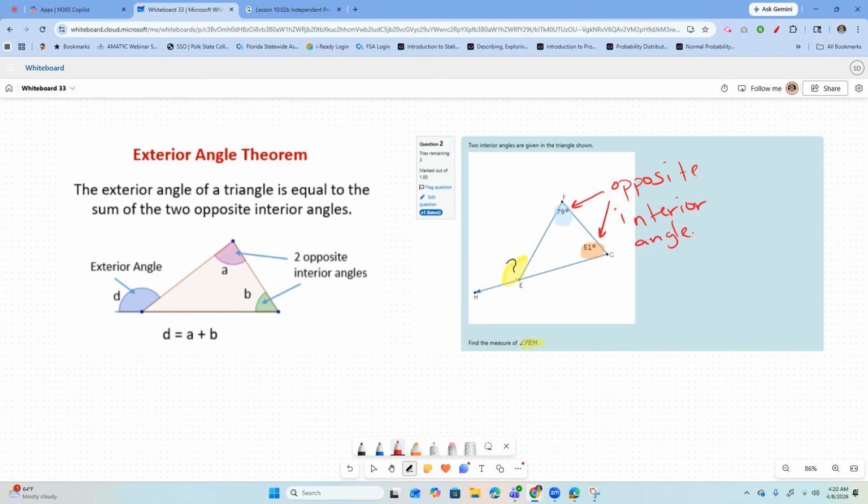So basically what I have to do now is I just have to take 79 and add 51. And you're going to see I'm going to get 130 degrees. That's how much is angle FEH. Okay, let's do the next problem.